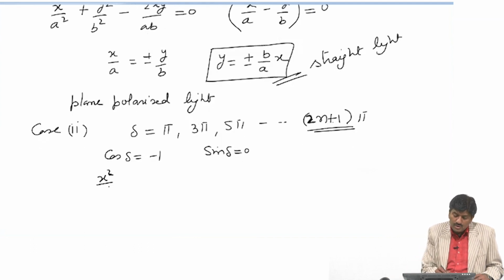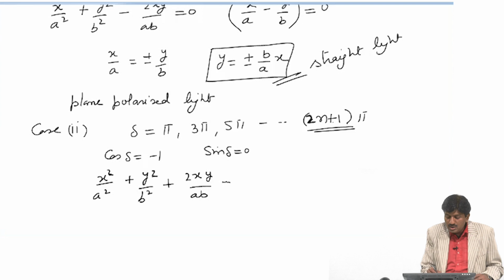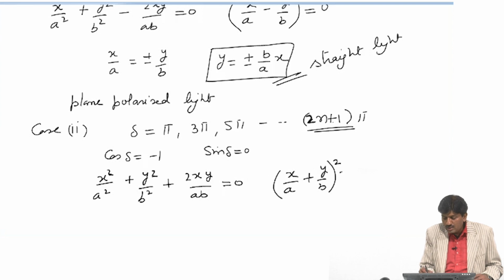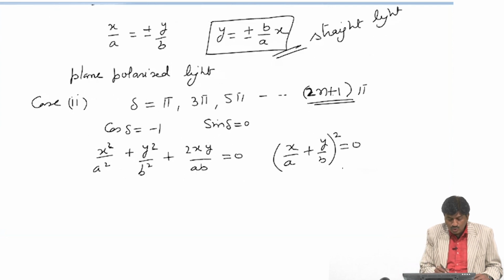Now, the equation becomes x square upon a square plus y square upon b square plus twice x y upon a b equal to 0, or we can say x upon a plus y upon b whole square equal to 0, and again after solving that, y is equal to plus minus b upon a x.